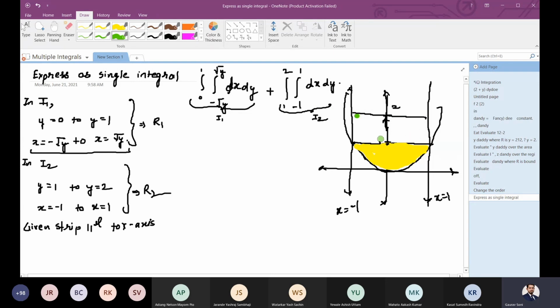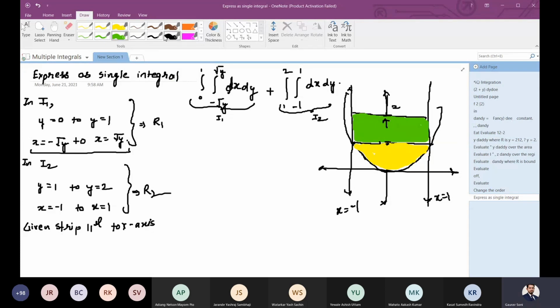Now what we are supposed to do is change the order, and after the change of order we can see that the lower limit and upper limit of this integration is going to be the same. The given strip is parallel to x-axis, so I'll consider the strip parallel to y-axis.